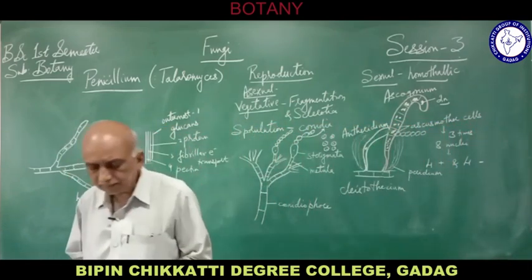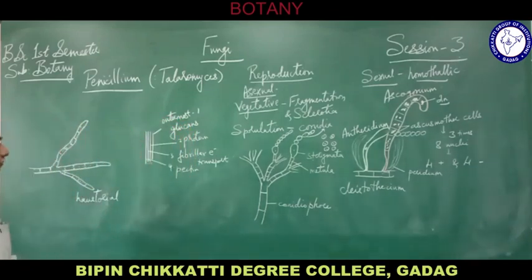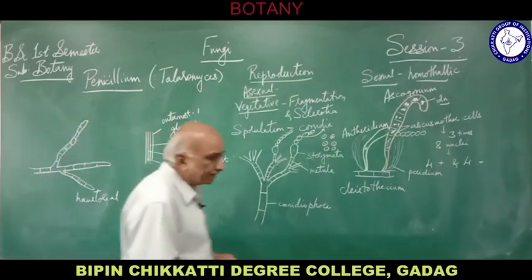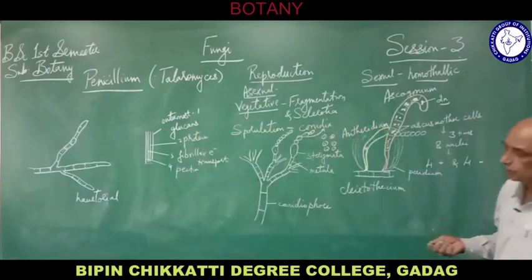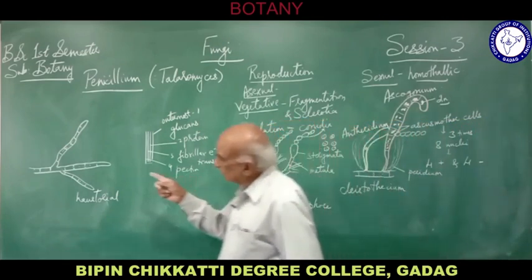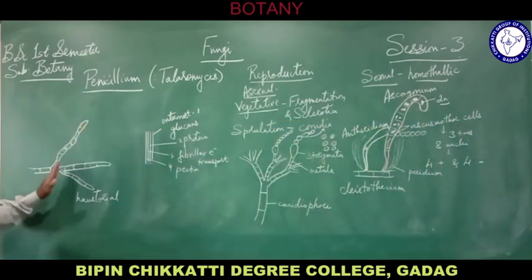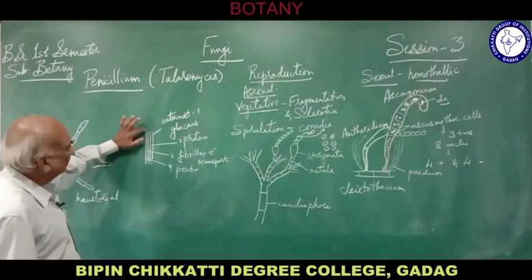So that is how reproduction in Penicillium takes place. Penicillium notatum is the common example which we come across. This Penicillium is septate, having haustorial hyphae and erect hyphae called aerial hyphae, and the cell wall is characteristic of 4 layers.